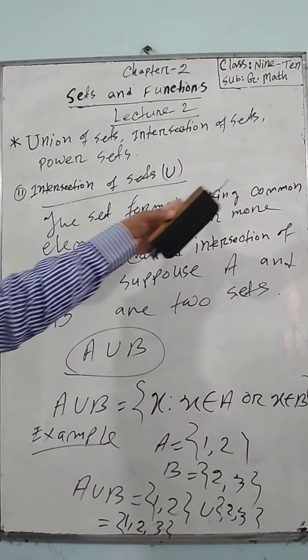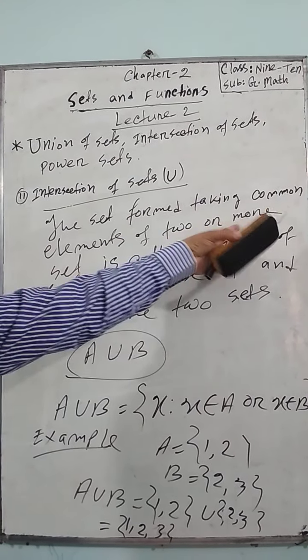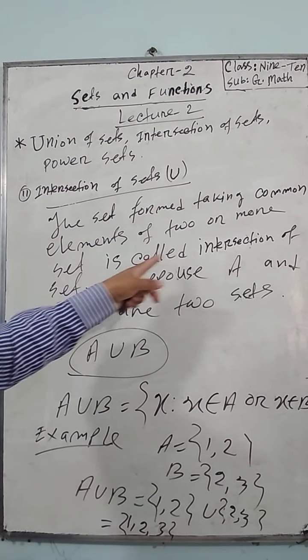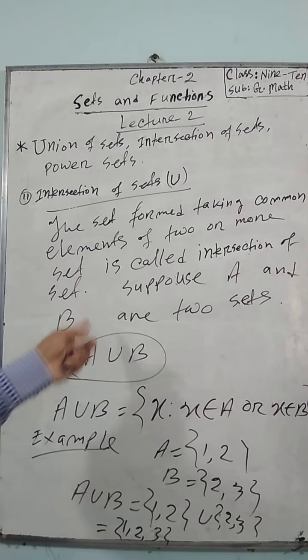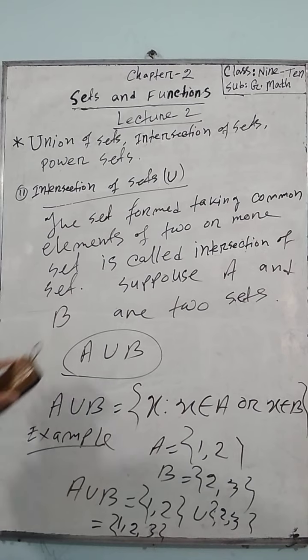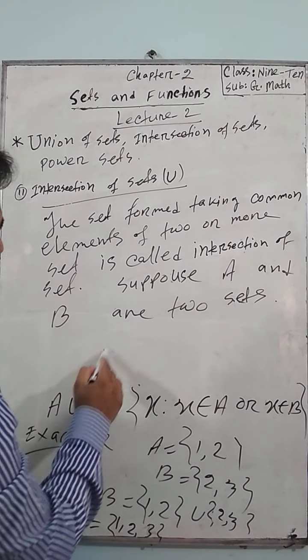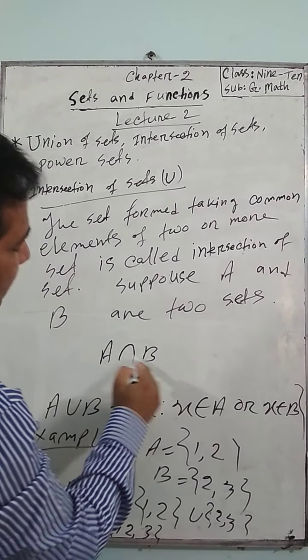The set formed by taking common elements of two or more sets is called intersection of sets. Suppose A and B are two sets, so we can write A intersection B.